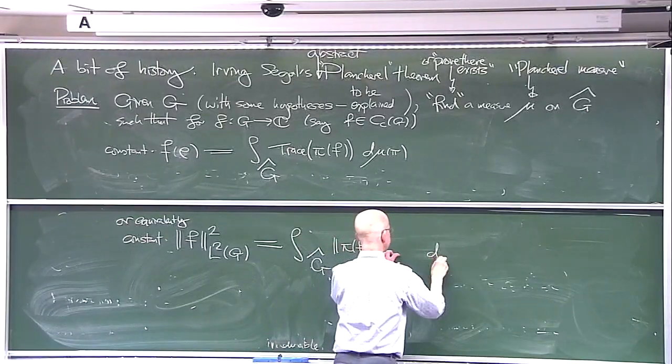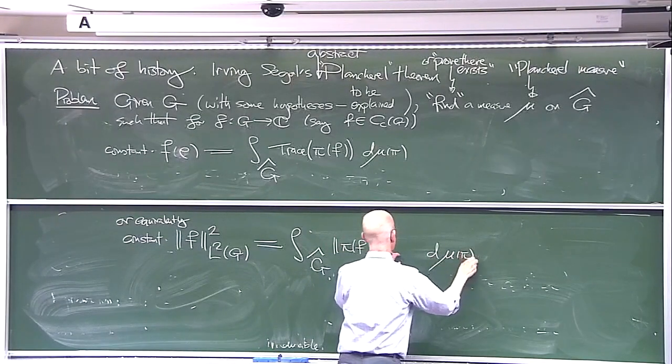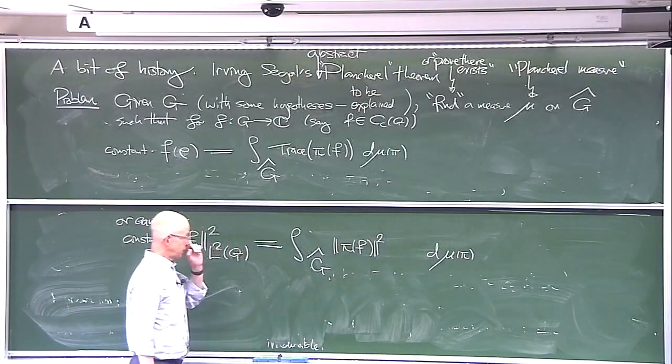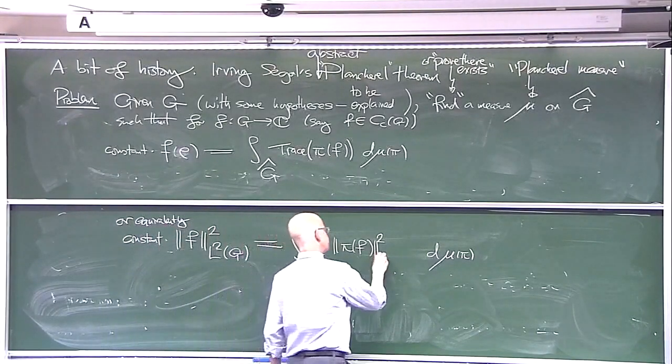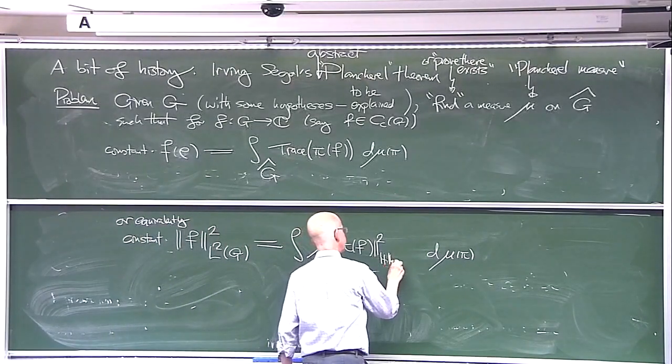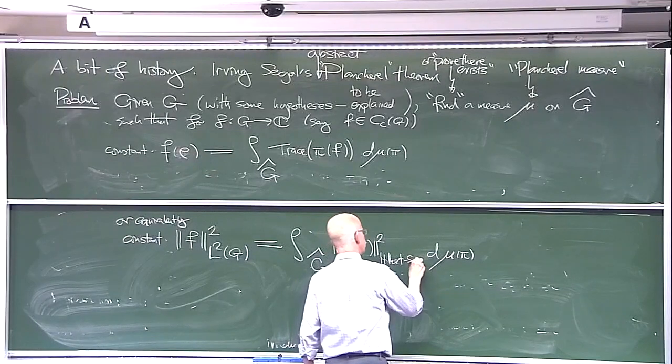Some space. The only thing that's a little bit tricky is to figure out what the correct way of taking this norm is. This should be what's called the Hilbert-Schmidt norm.